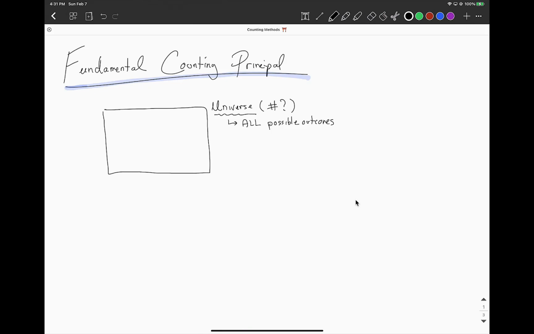We can ask how many passwords there are, how many different phone numbers, how many different arrangements, how many different combinations. We give you all these different puzzles, but effectively there's only one question we're asking: how many different things are there? What are all the possible outcomes of whatever scenario we concoct?